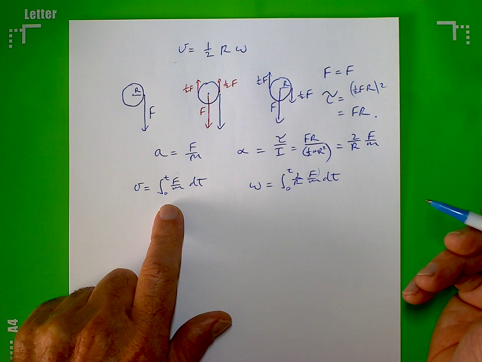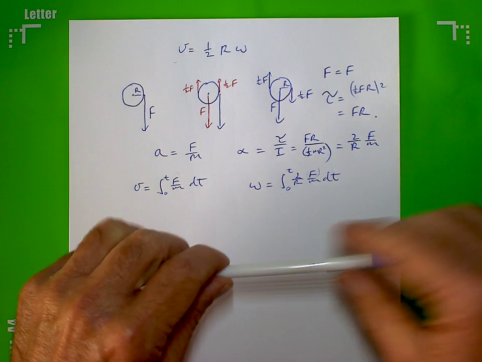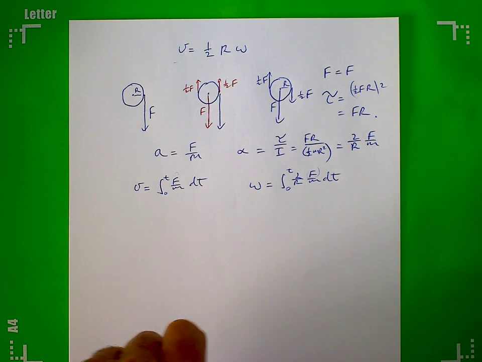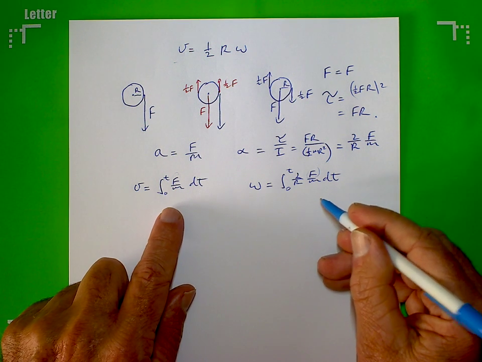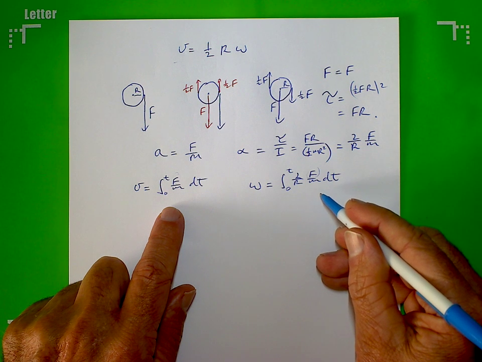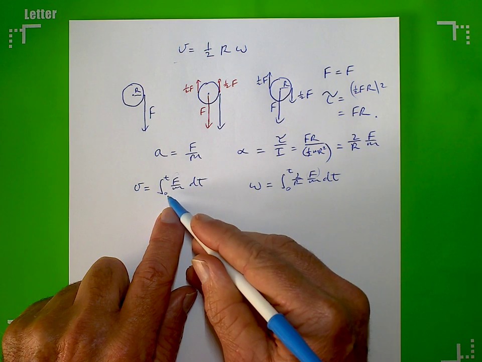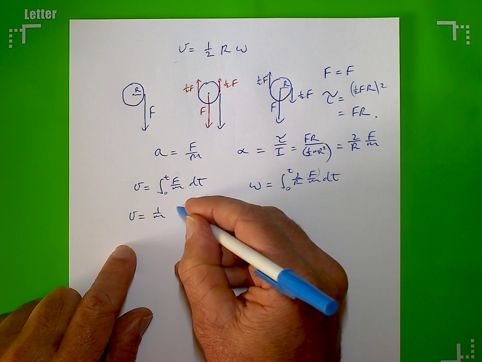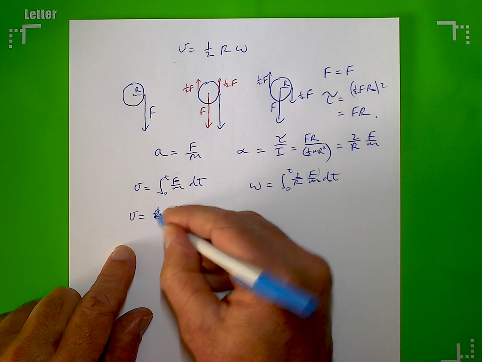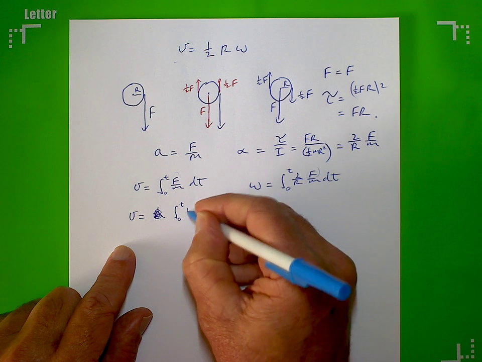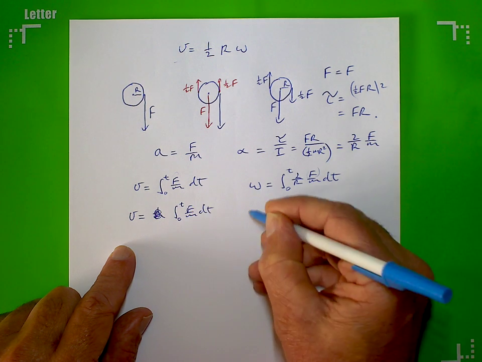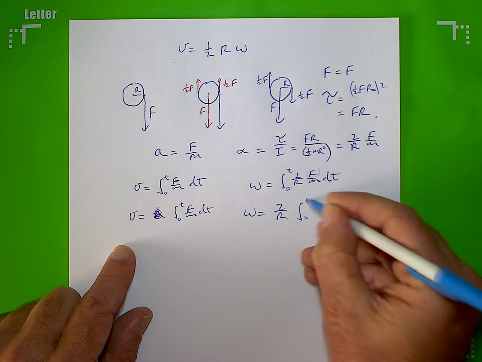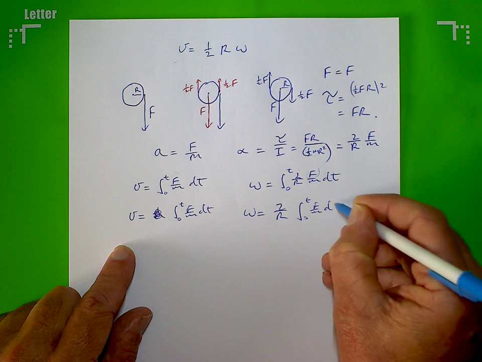Maybe it varies because you see that tape being blown by the air wiggling. Maybe it's slightly varying the force, but it doesn't matter if it's constant or varying, because we'll write this one as v equals the integral 0 to t of F over m dt, and this one as 2 over R, the integral from 0 to t of F over m dt.